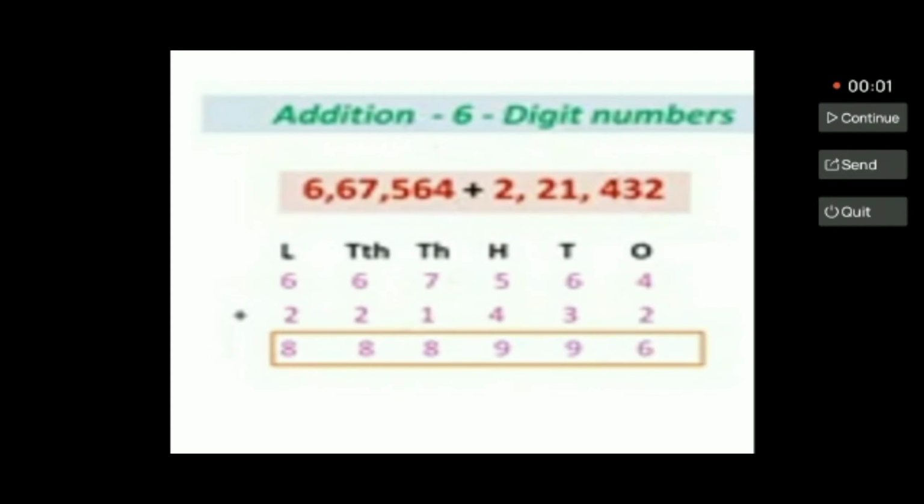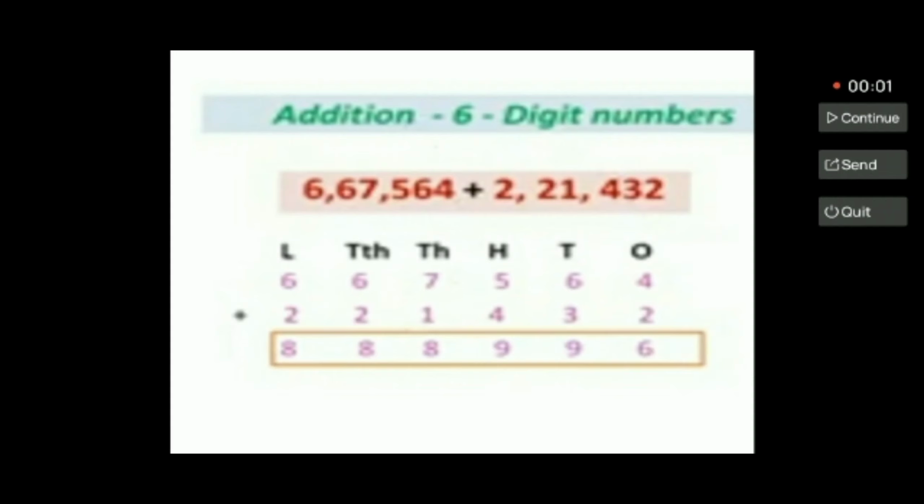Then 10,000s place. 6 plus 2 gives us 8. Then look at the lakhs place. 6 plus 2 gives us 8. So the sum is 8,88,996 of these two addends.